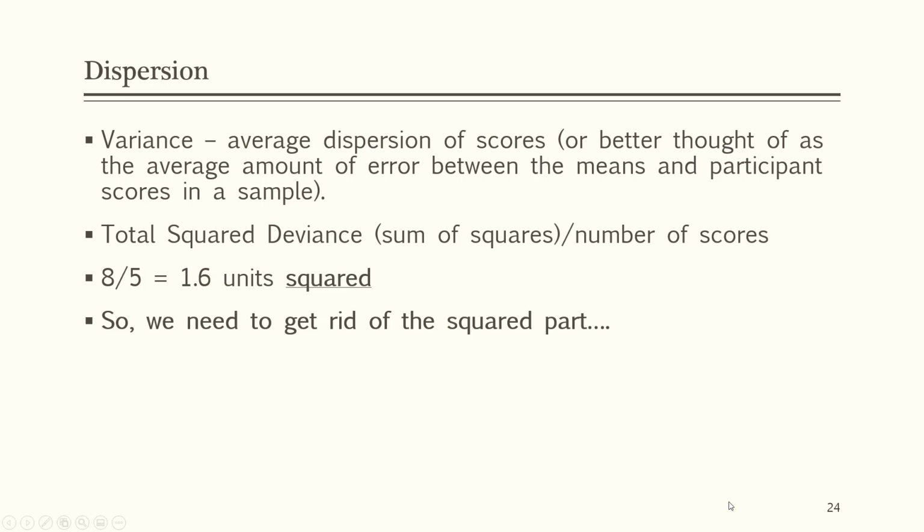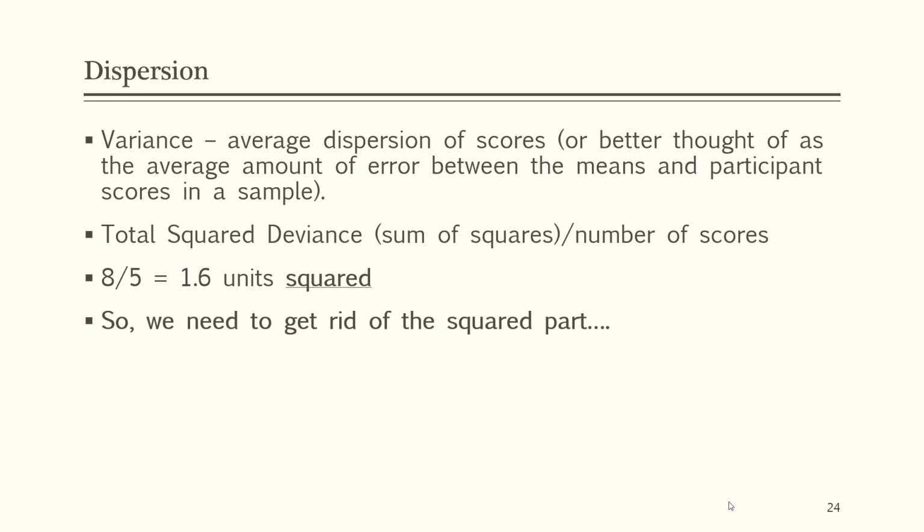Variance is the other common dispersion that you'll often see reported. And it's actually the average amount of error between the means and the participant scores in a sample. And this is how you get the variance. Of course, within your statistical programs, it computes it for you, but sometimes you need to understand how it gets it so you can understand what it means.